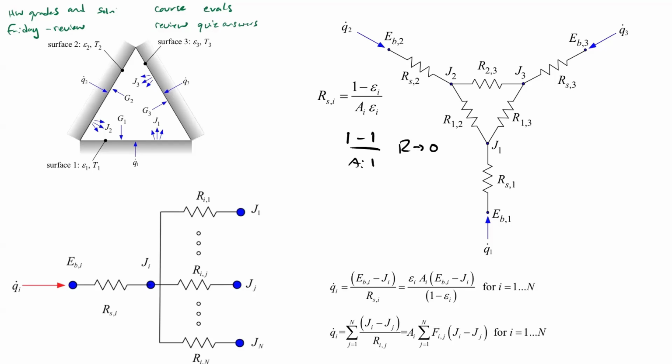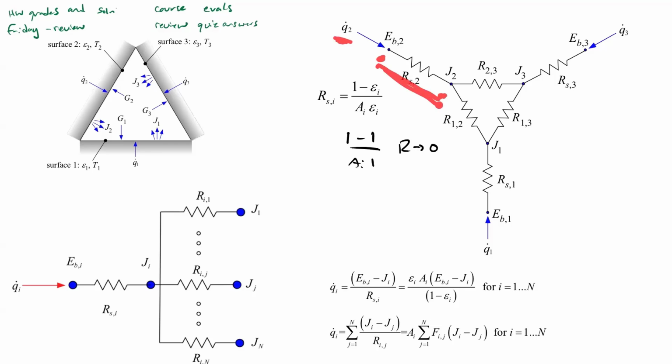Okay, and then the last thing was I made a confusing statement. If we have heat flow here, let's look at Q dot 2, we have heat flow going from E_B2 to J2. And I said it's kind of this virtual heat transfer. What I meant to say was it's an actual heat transfer, but there's no physical space between these two nodes, right?